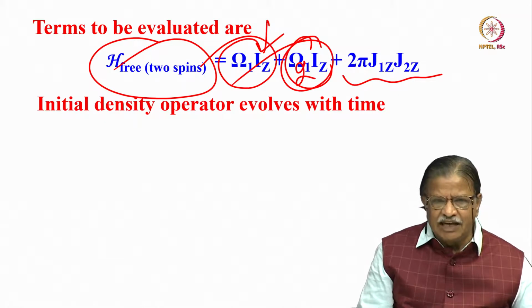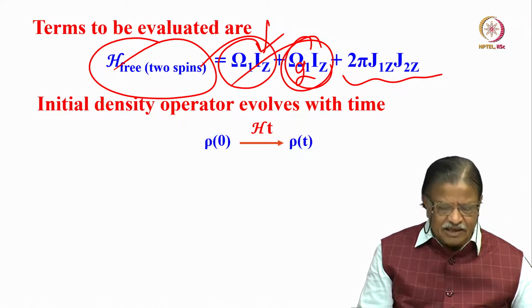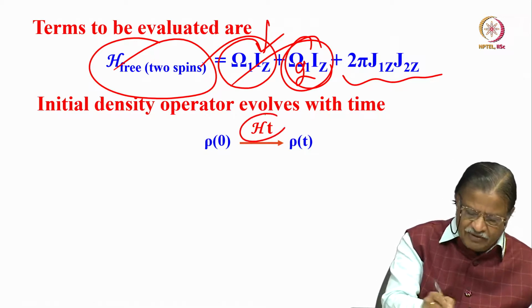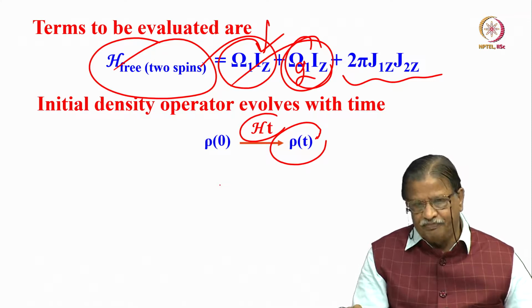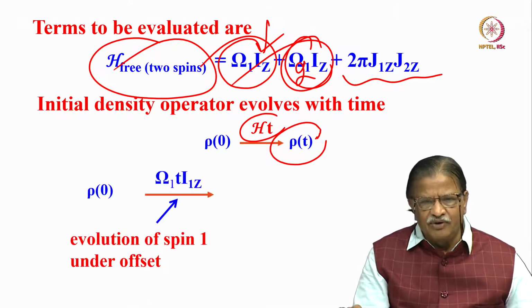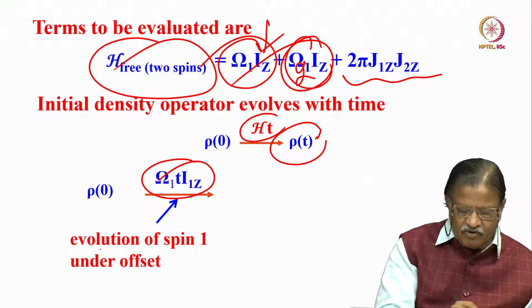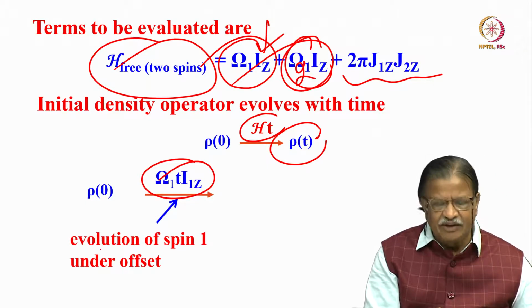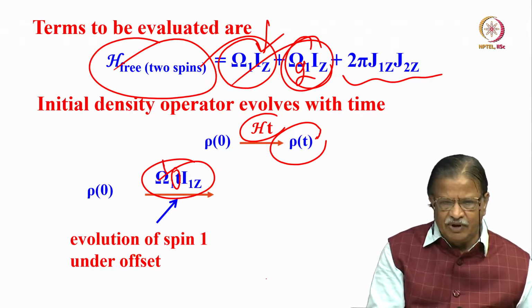So the initial density operator now evolves with time. The initial density operator rho 0, when it evolves with time, finally what we have to evaluate is rho of t. Now, from rho 0, first is evolution of spin 1 under offset, omega 1 t I1z, where omega 1 is the offset with time t, how it is evolving we know.